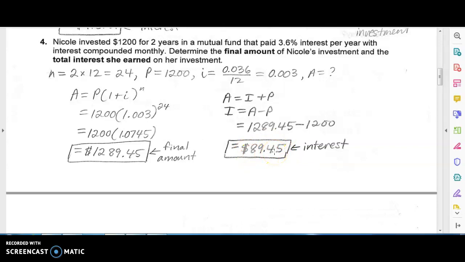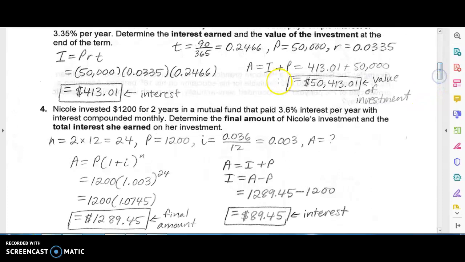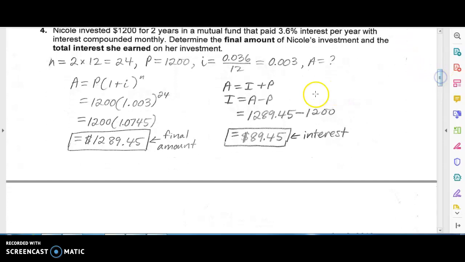Okay, if we look at the formula we used for amount, right, we use it up here as well, A equals I plus P, and you're free to use the formula as well, which is what we've done in essence. I was just thinking, if you think about it logically, her investment is worth this much at the end. At the start, it was worth this much. So the difference is obviously how much she's earned.